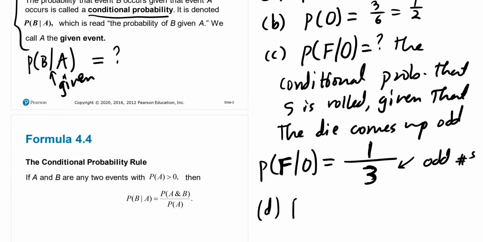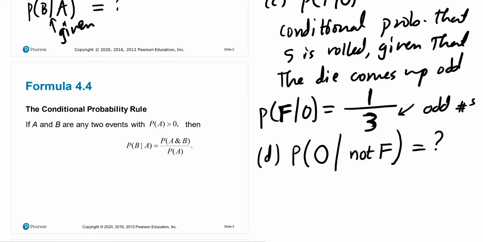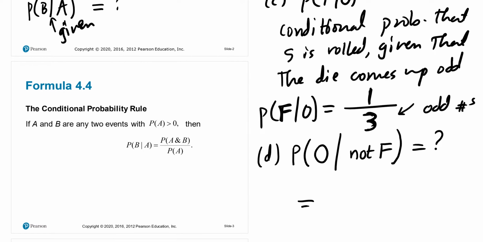Another example: what about the probability of rolling an odd number, O, given it's not F? What this is saying is, what's the probability you're going to get an odd number given it's not 5? So 5 is not there anymore.